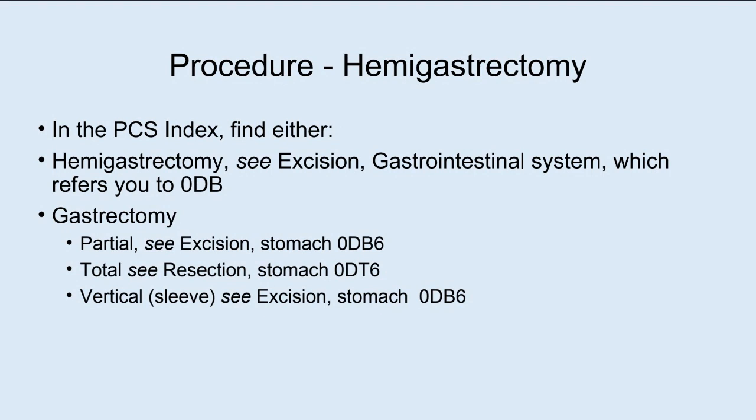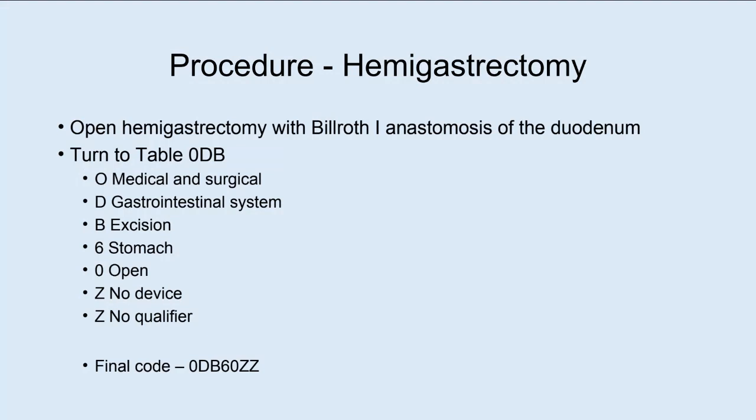What was done was partial. So that takes you to 0DB6. Let's turn to that table, 0DB: 0 medical and surgical, D gastrointestinal, B excision, 6 stomach, 0 open, Z no device, Z no qualifier. So the code we come up with is 0DB60ZZ.